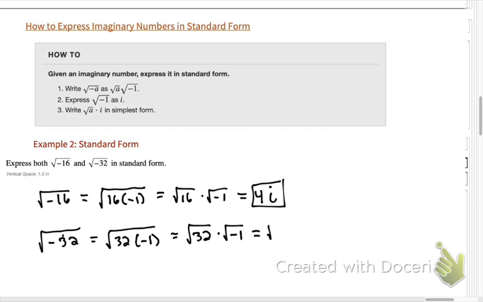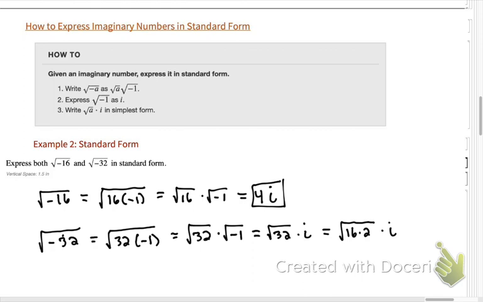So this becomes the square root of 32 times i. And then we can further reduce this by simplifying the square root of 32. Now we're going to start by rewriting the square root of 32 as 16 times 2 and then times i outside of the square root.